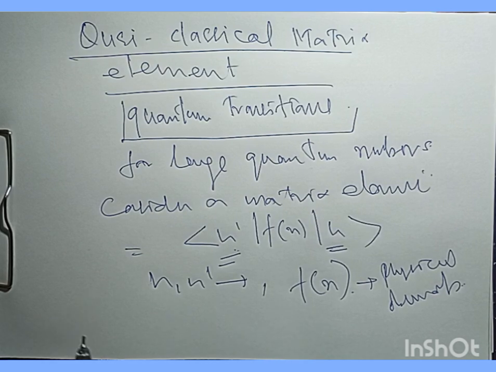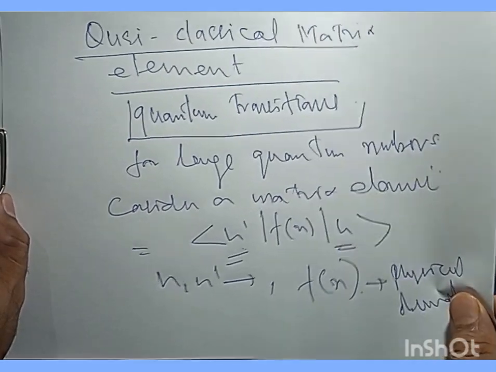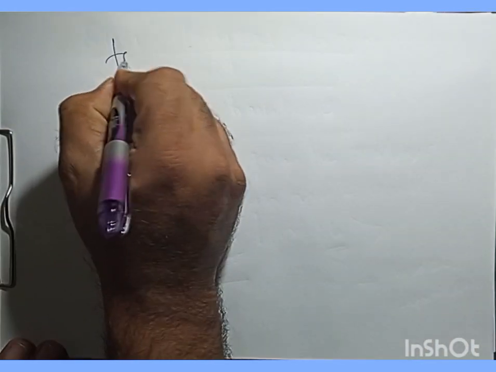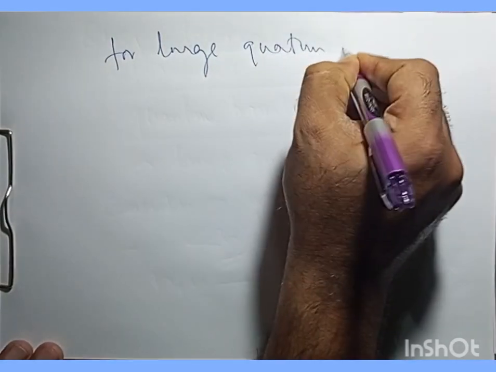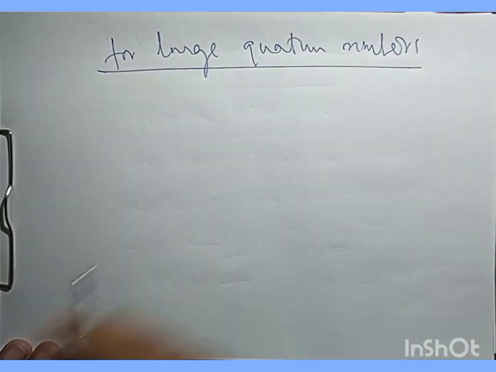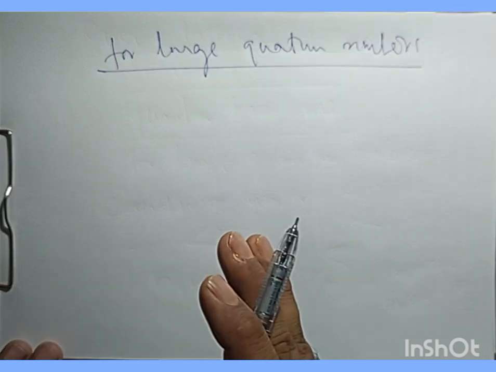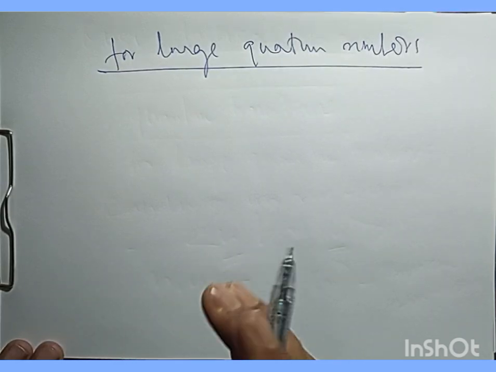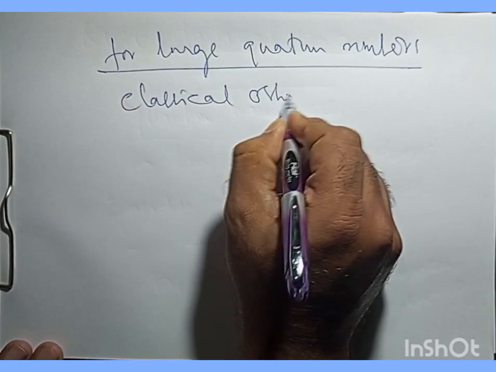Now the core approach here is that for large quantum numbers, because we are talking about the quasi-classical matrix element, what happens? The matrix element can be approximated using classical orbits.